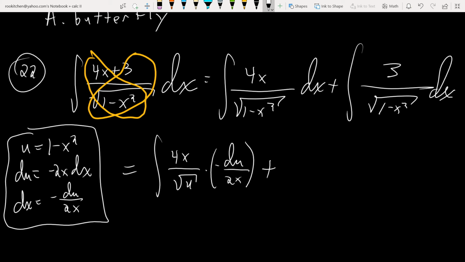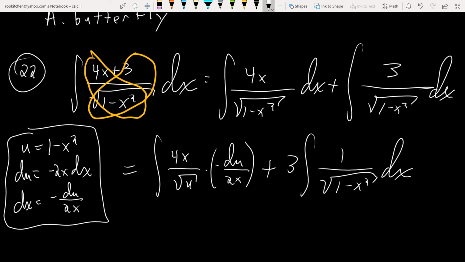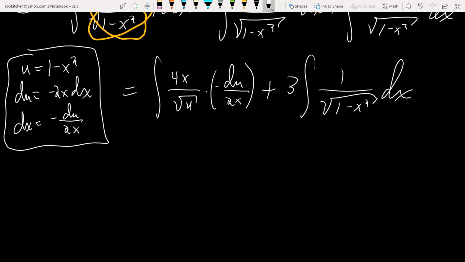And then my second integral, you can factor out the 3, of course, and you just have 1 all over the square root of 1 minus x squared dx. You could let u be x, but it's a bit silly. They're dummy variables, so you can literally just write u as x if you want to, and then it's clearly in the form, but the variables are, you know.